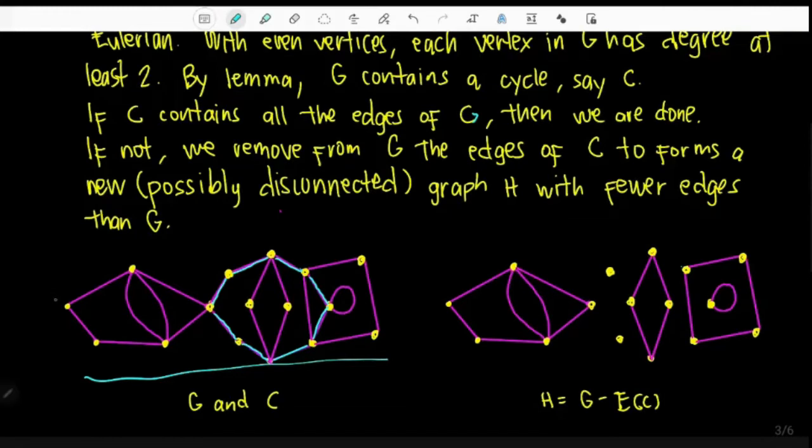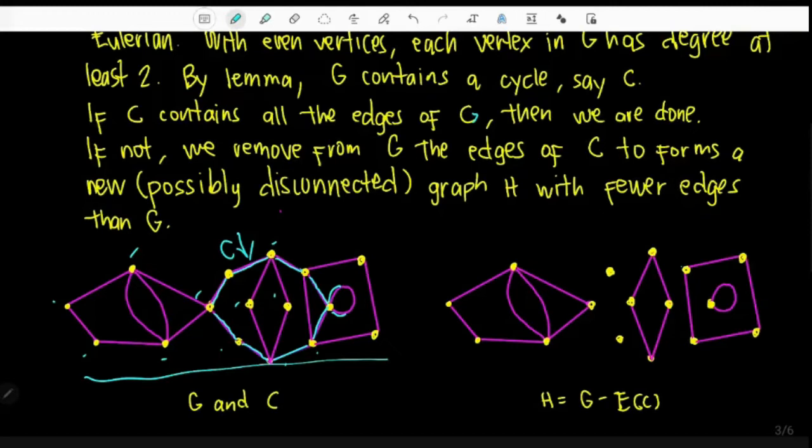So this is degree 2, degree 4, degree 2, degree 4, and so on. Again, for a loop, the incidence is two. So any of these vertices has even degree. So choose any cycle. You should definitely find a cycle because of the lemma. So let's say we choose this cycle here. That's our cycle C.